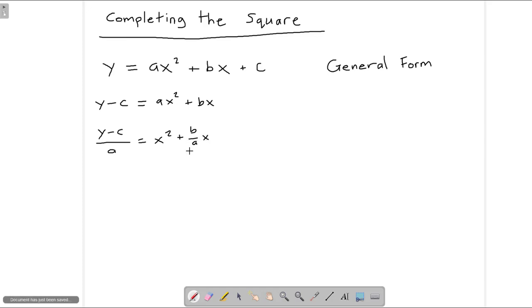We take this b over a, and that's what we're going to use to figure out our completing the square term. So we take our b over a, and we divide it by 2. That gives me b over 2a.